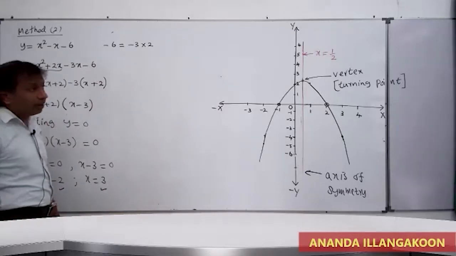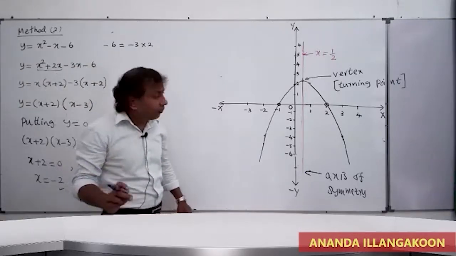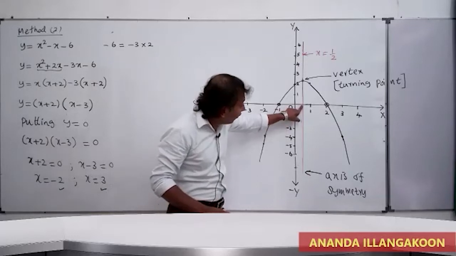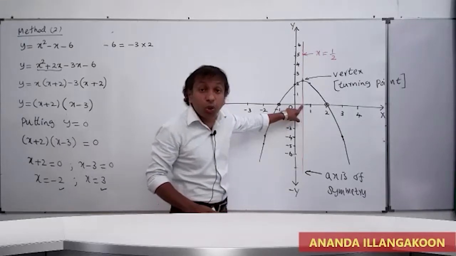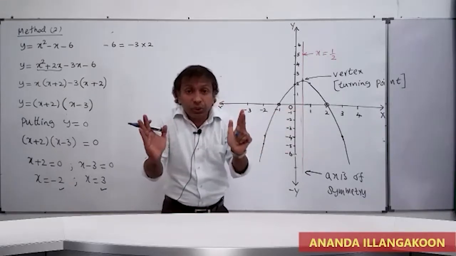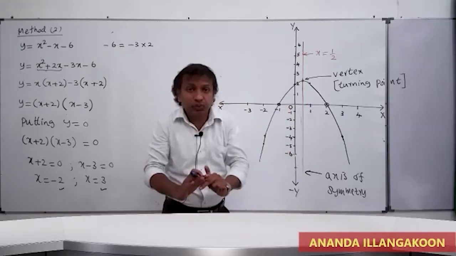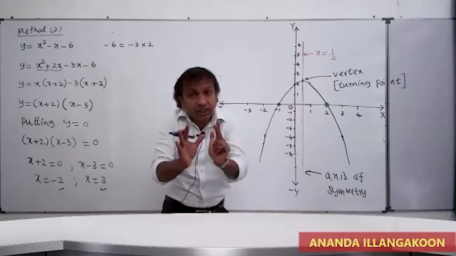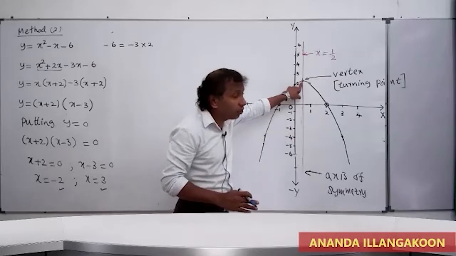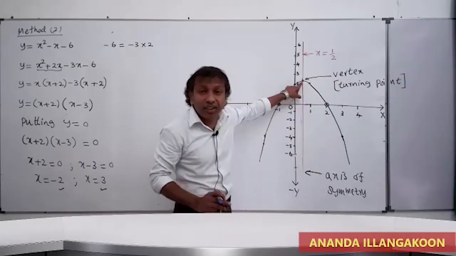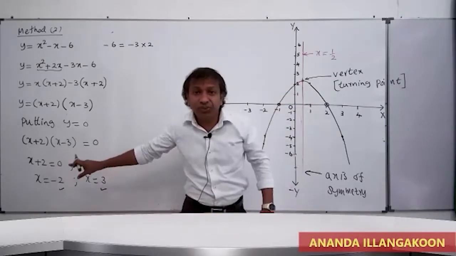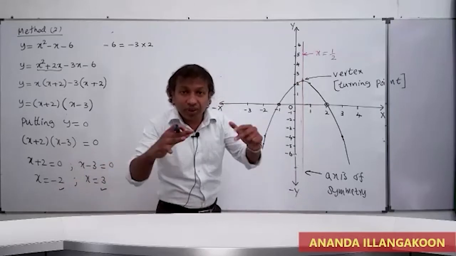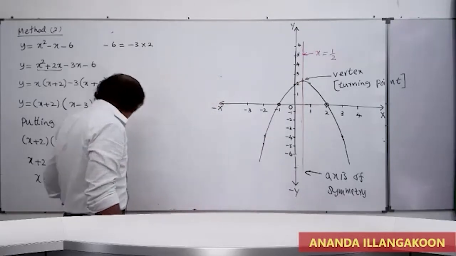And people, we said what? The axis of symmetry, its equation is obtained how? Adding the two roots and dividing that by 2. That x value is the x coordinate of the vertex. Then we can write the x coordinate of the vertex by using the roots, adding them and dividing by 2.